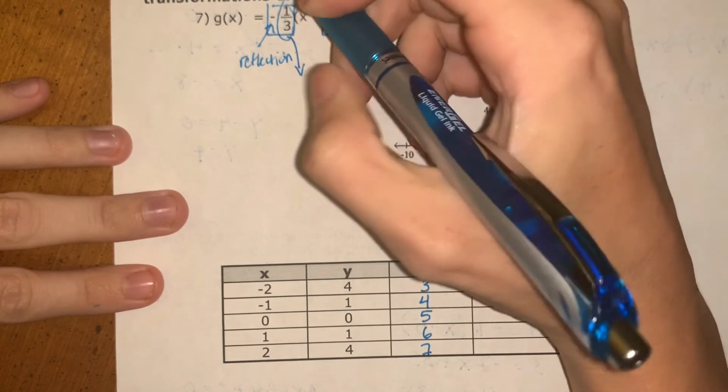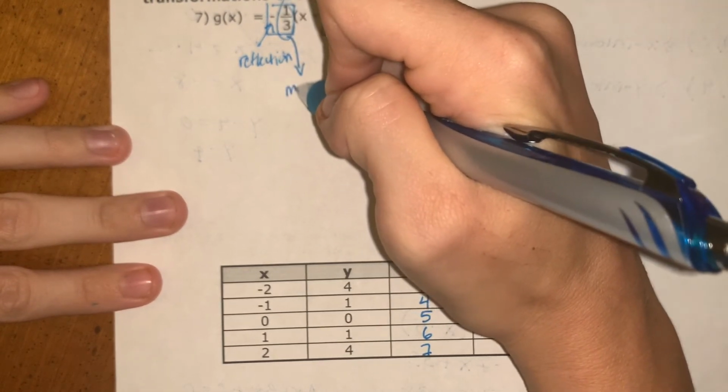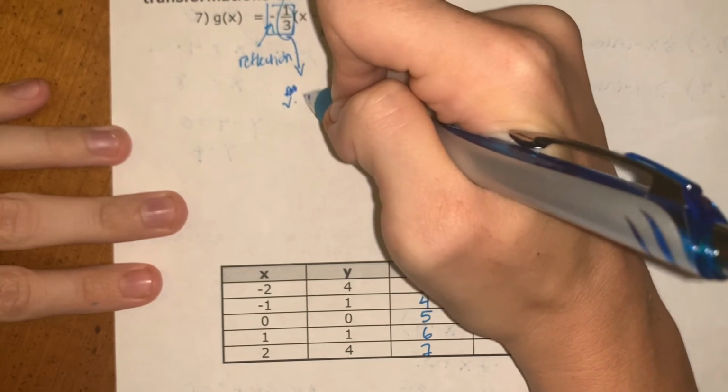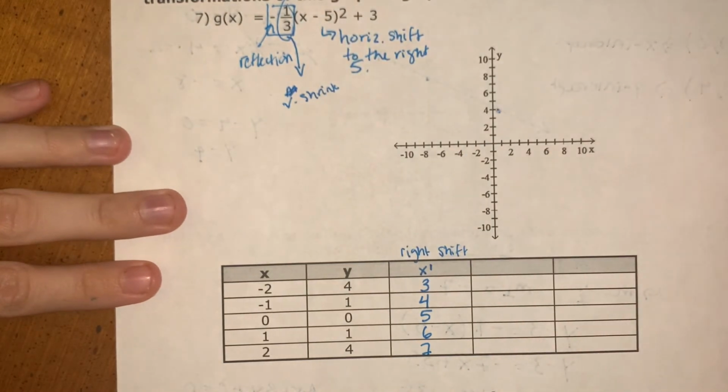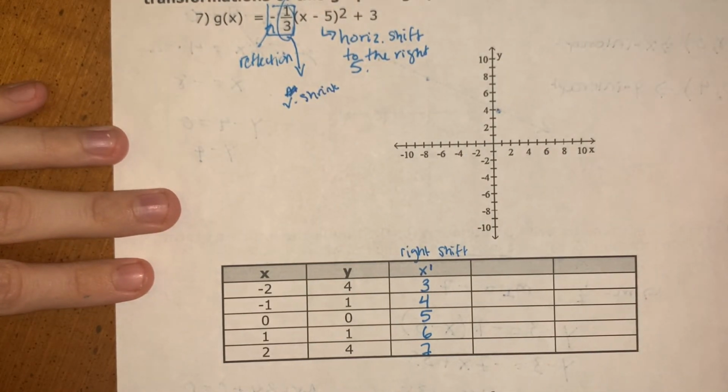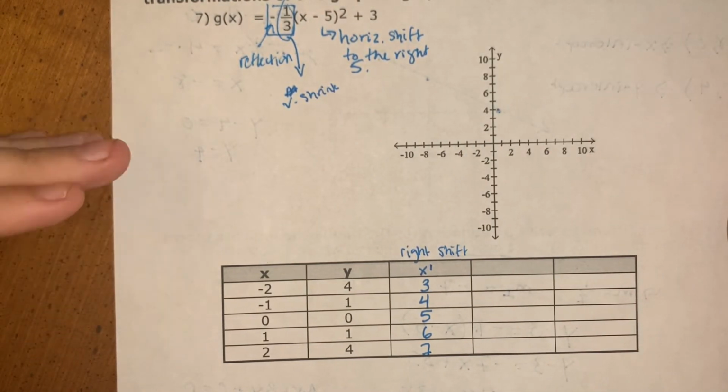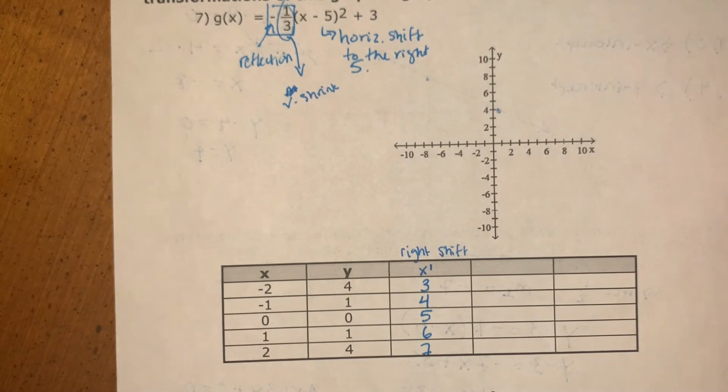You're going to multiply your Y values. Since it's a vertical shrink rather than a horizontal shrink, you're going to multiply your Y values by 1/3.